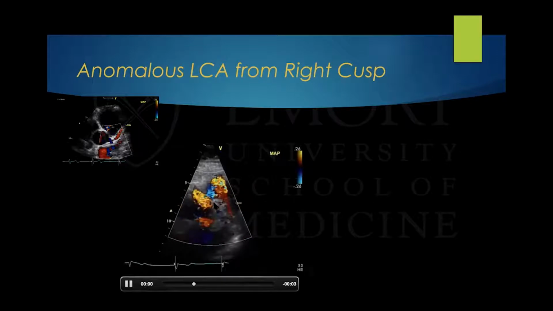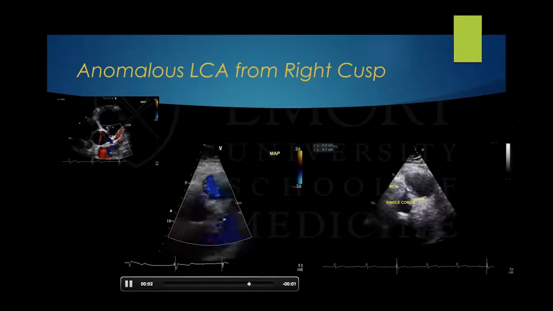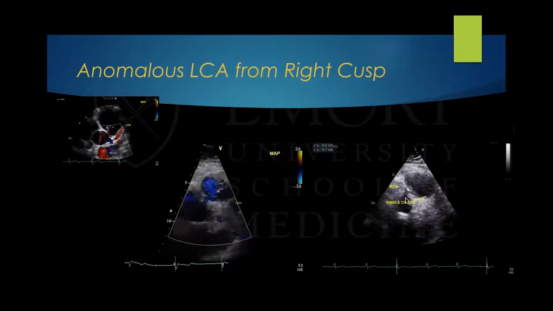This blue flow demonstrates the anomalous left coronary artery. And in this case it was a single orifice where you see the right and then the left and then the intra-arterial course. This is the pulmonary artery and this is the aorta.